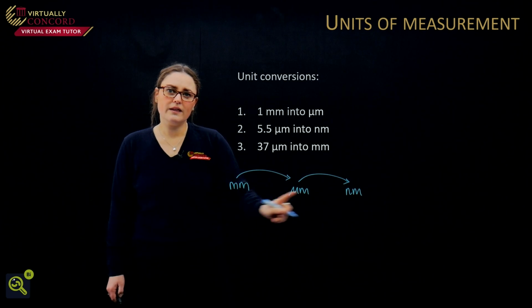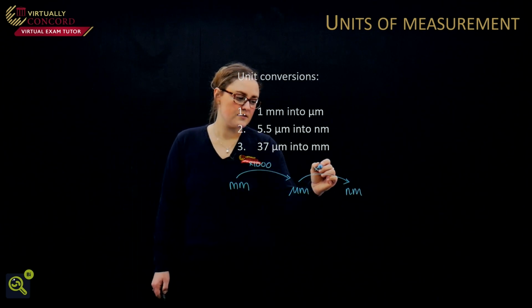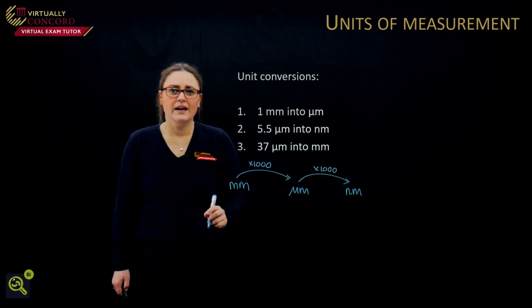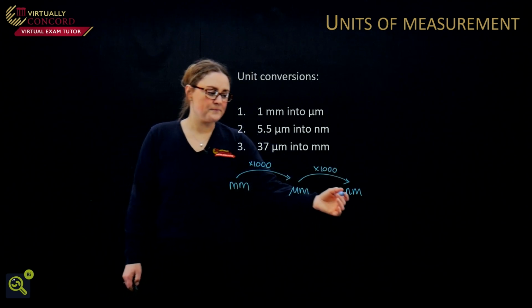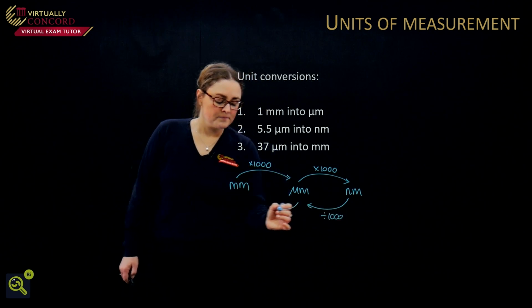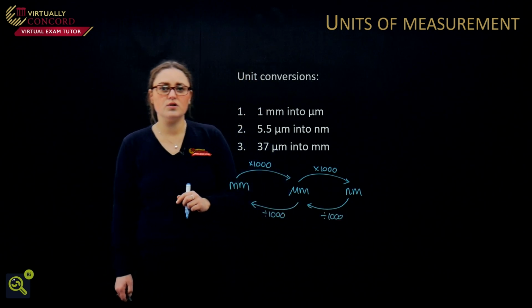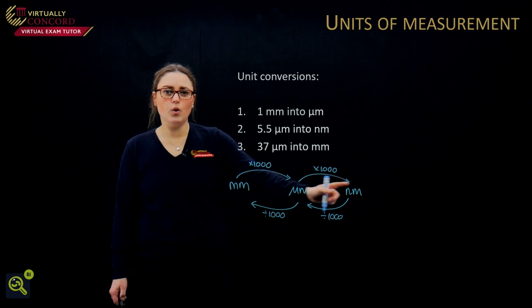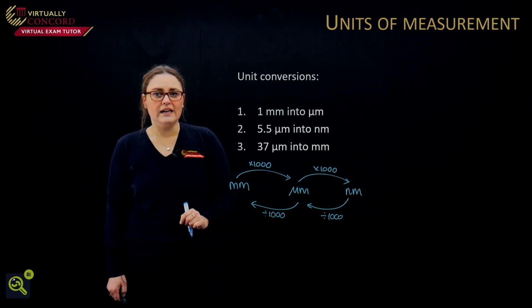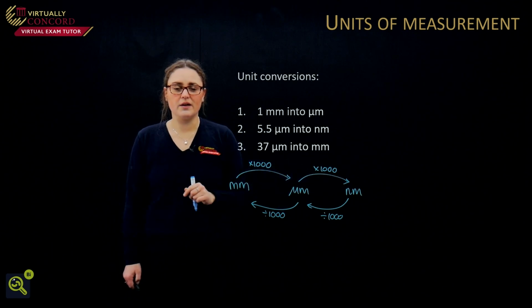If we're going in this direction, it's always going to be times 1,000. If we're going back the other way, then it is going to be divide by 1,000. Now, it's important to note, if you're going from millimeters all the way to nanometers, it's not times by 2,000, it's times by 1,000, times by 1,000 again.